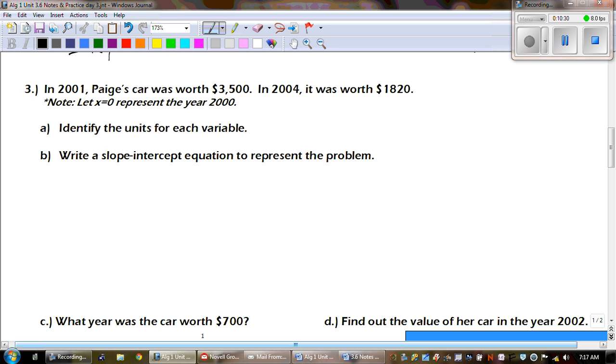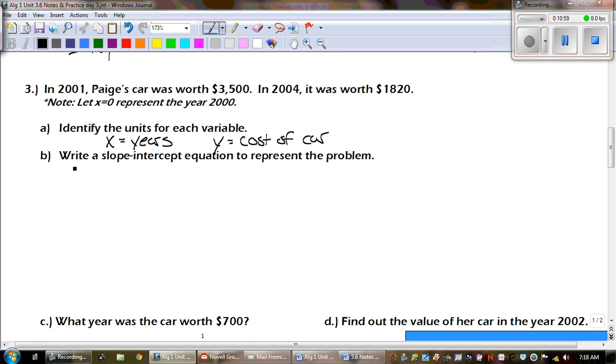So we have to identify the units for each variable. Well, once again, they just told us that x equals the years. So y would represent the cost of the car, or the worth of the car. Because you guys know that as soon as you buy a car that it starts losing value, it depreciates. Okay? So write a slope-intercept equation to represent the problem.